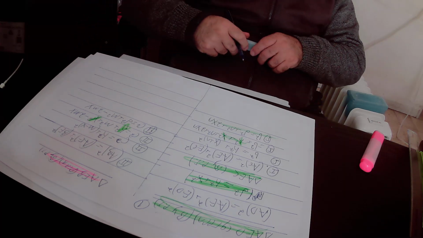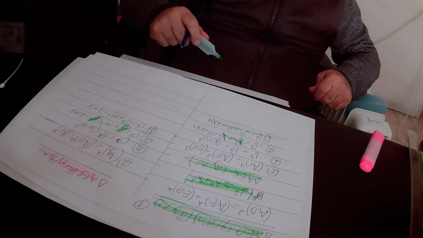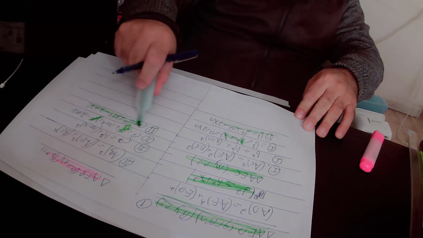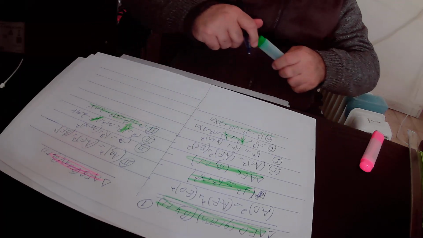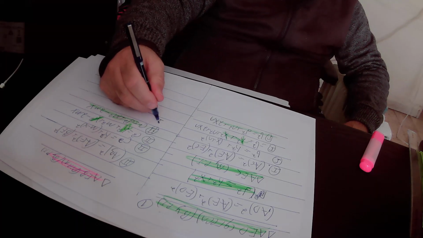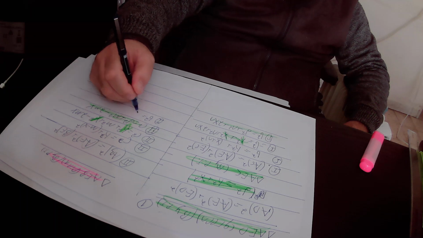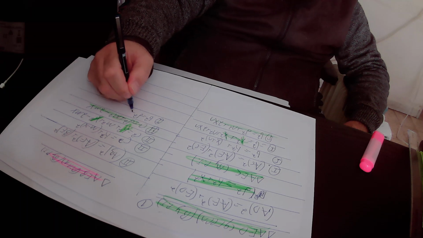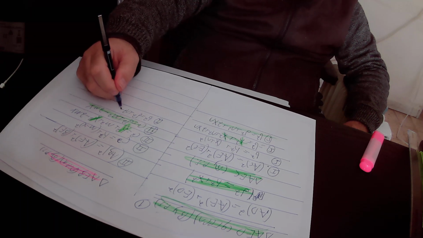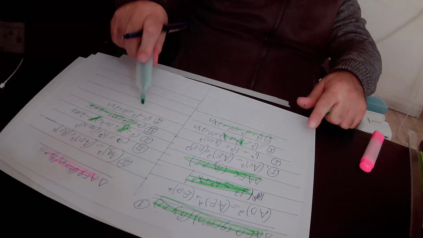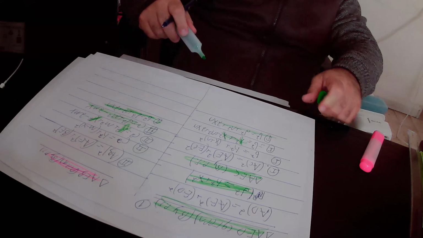This is equation number 2. And we have already found out that according to equation number 1, b squared equals d squared plus n squared plus 2 times xn.